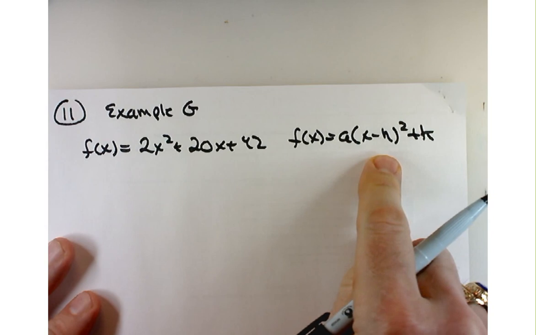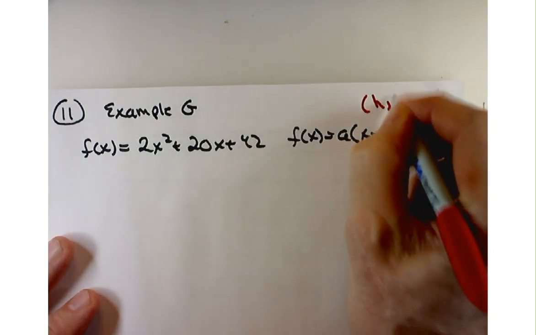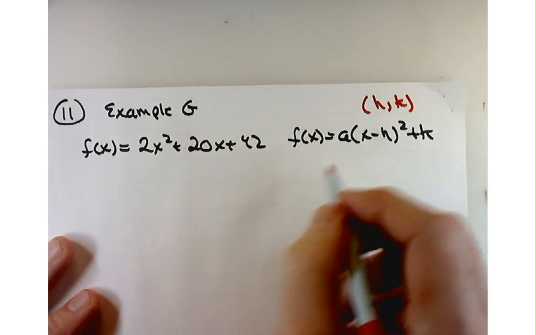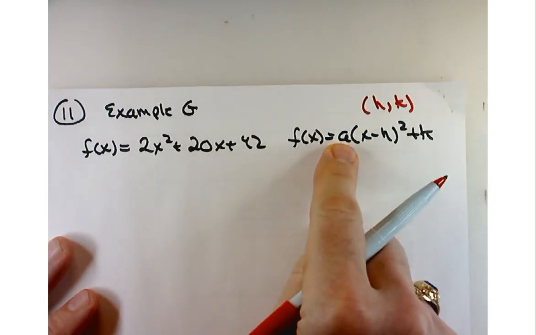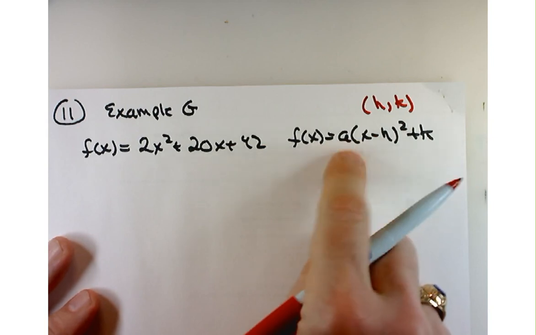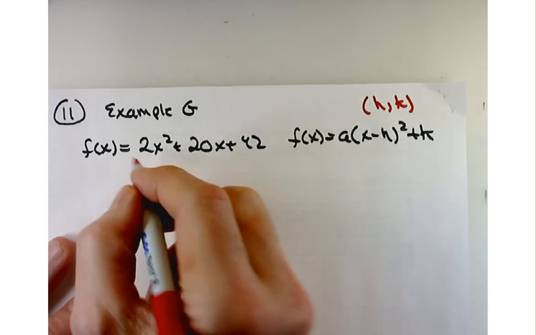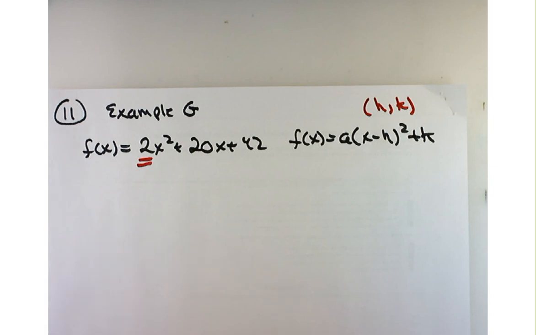Because I know that the vertex is going to be h and k, and I already know what a has to be for this. What does a have to be over here? What would you guess? 2. That's your a.